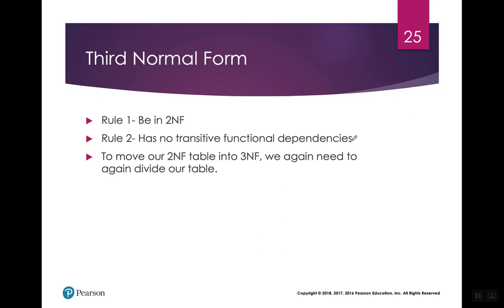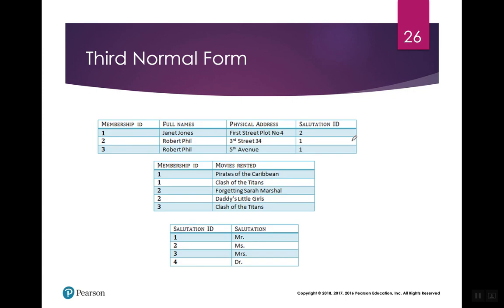All right, so in order to do this, we'll split this out even more. We separated the salutation in the one table into another table. So the idea is now we have three tables and two relationships.